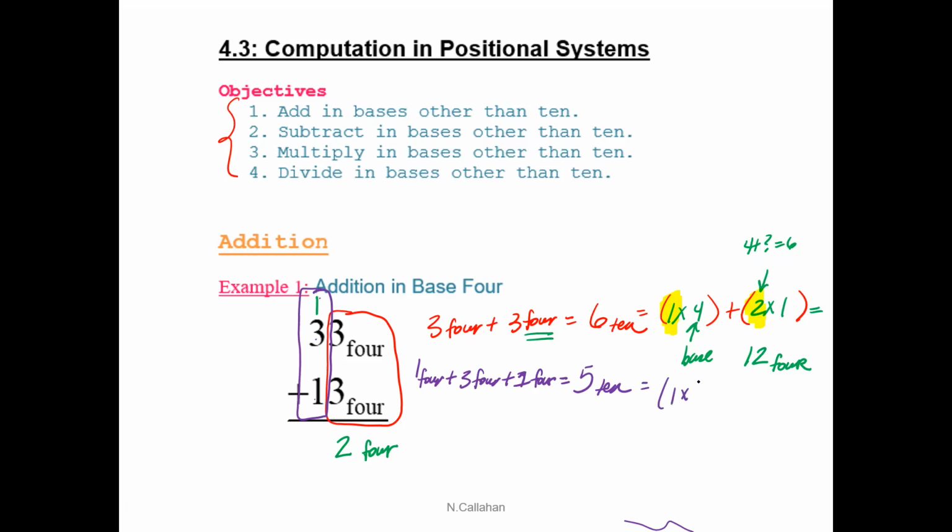So 1 times, you have to have a base of 4, so this must be a 4 because your base here is 4, plus that number has to be 1. So 1 times 4 is 4, then 4 plus what equals 5? That has to be a 1. Once again, you take the first number, and so your answer here is 11 base 4.